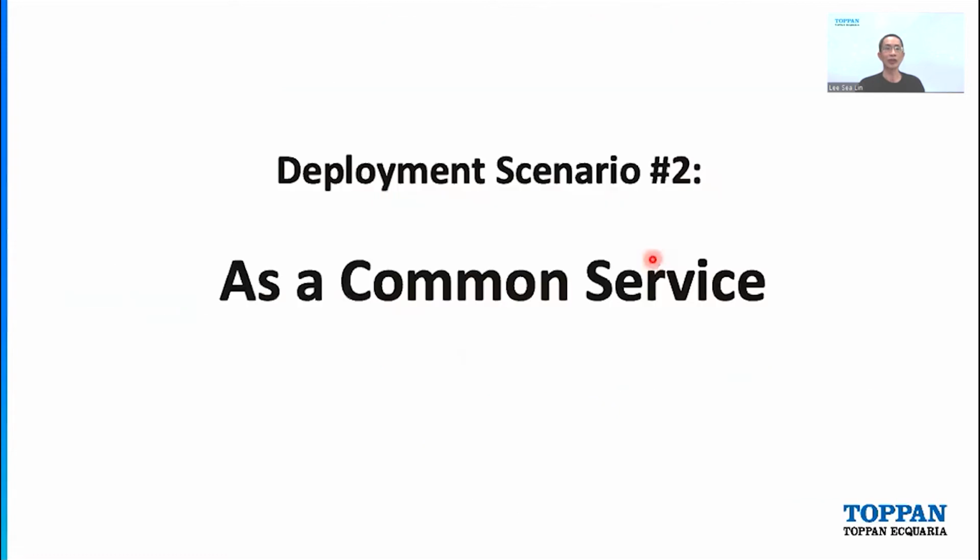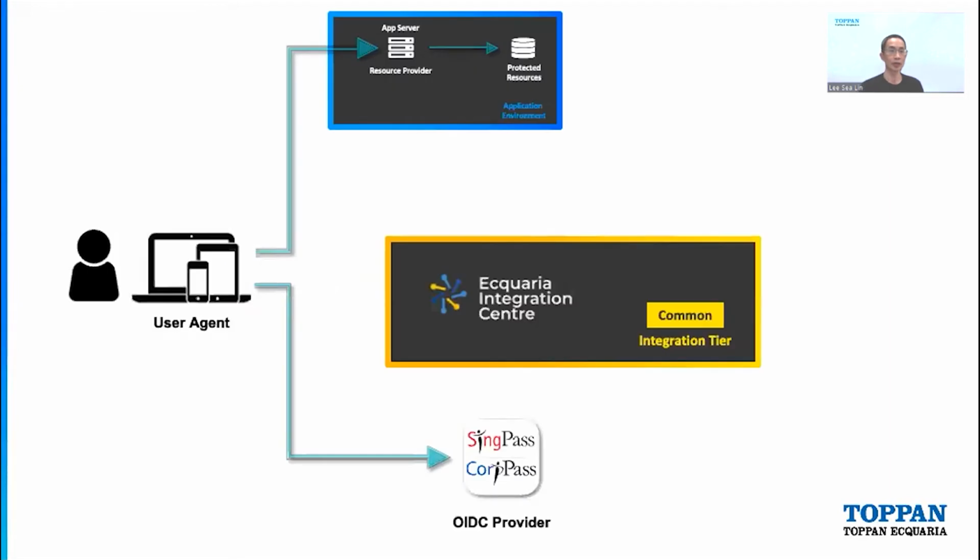So let's continue to look at a second possible deployment scenario as a common service. Typically, agencies have more than one application, and how should we handle this situation? In this setup, the different actors remain the same.